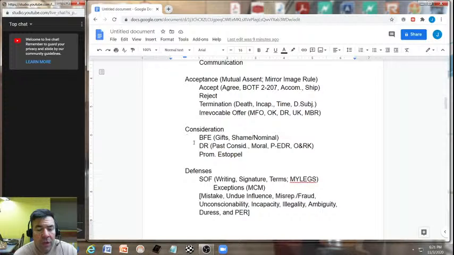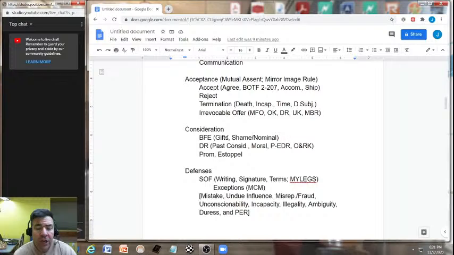Now, the consideration elements, bargain for exchange: we would look to see the actual exchange that is being communicated or transmitted between the parties, because we have to measure that more like a quality control situation to see if in fact that agreement, the offer and acceptance, carries with it sufficient consideration for that agreement to be legally enforceable.